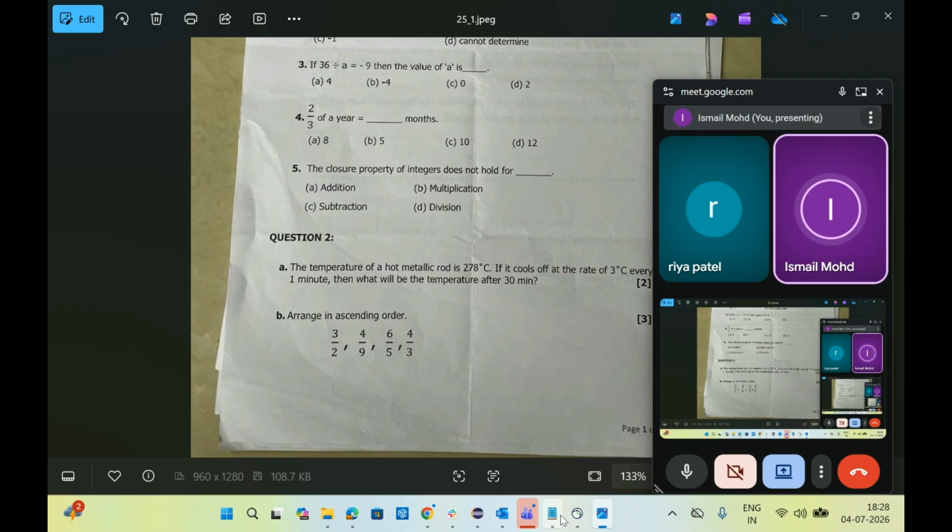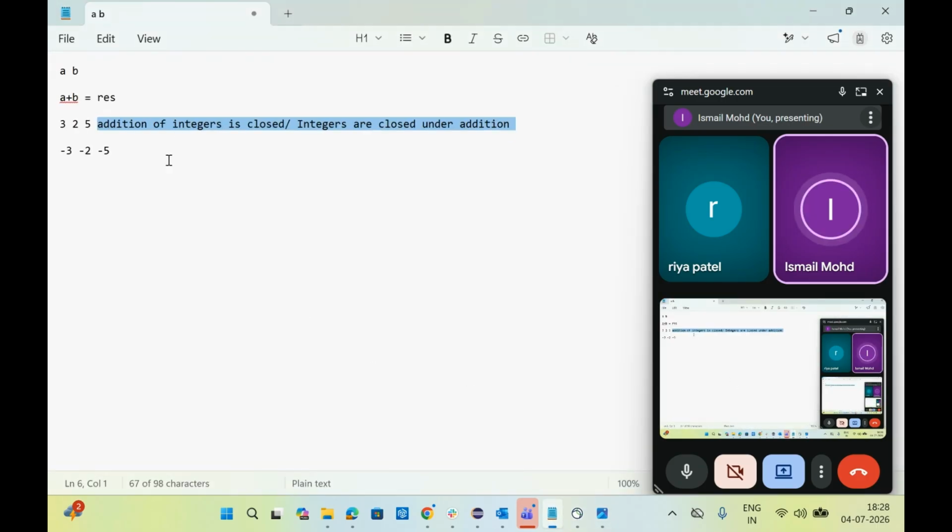Now we will see multiplication. If you take two integers, the same ones, and do a into b multiplication, and you get some result. If a and b are integers and the result is also an integer, then it is closed under multiplication. The same example: take 3 and 2.